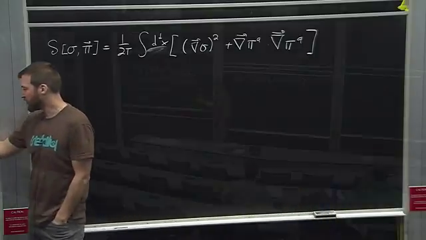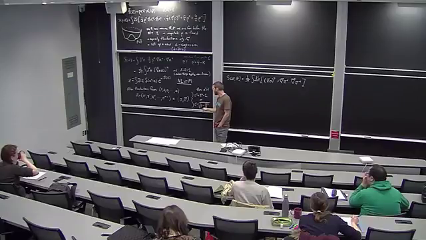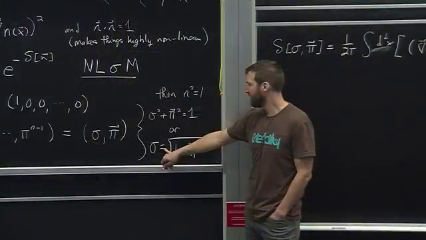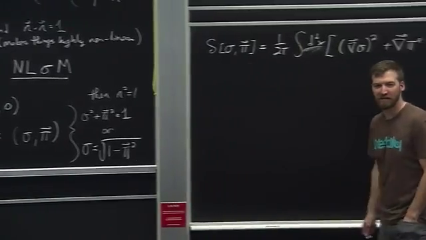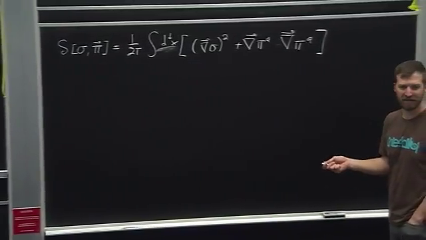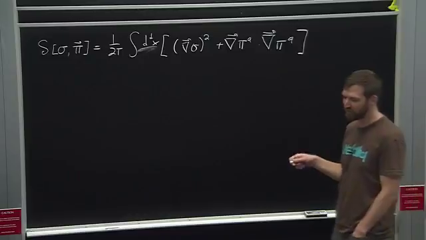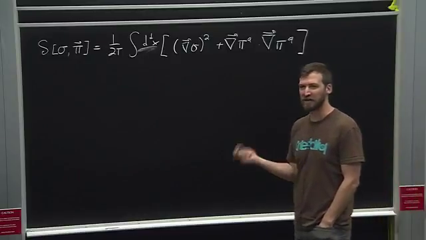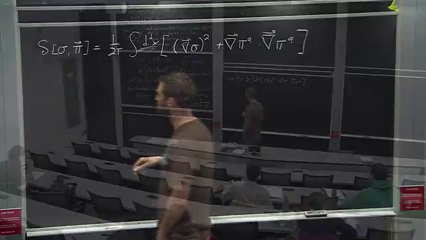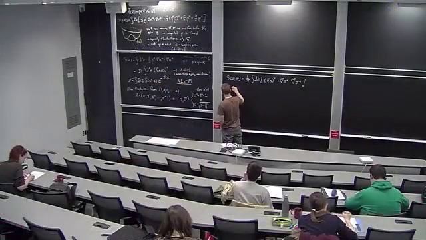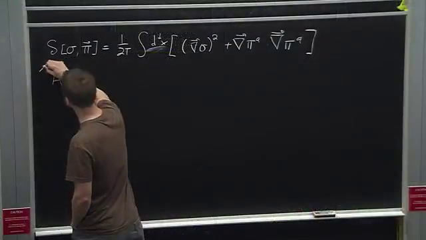And one thing about this constraint, which I'm going to use lots, is that there's two solutions in principle, plus and minus. And I've thrown away that sign. So I'm assuming that sigma has the same sign everywhere.